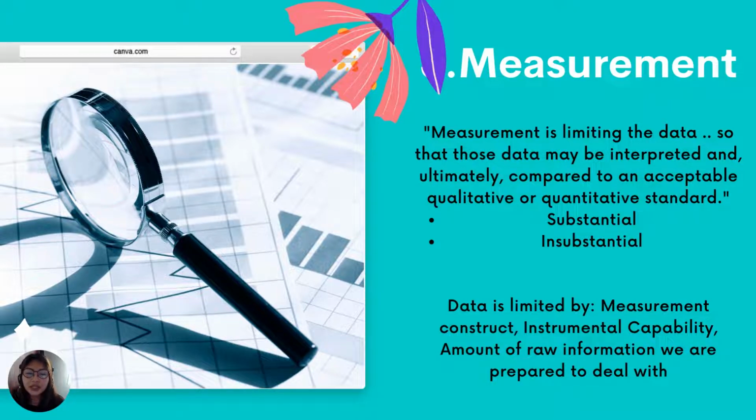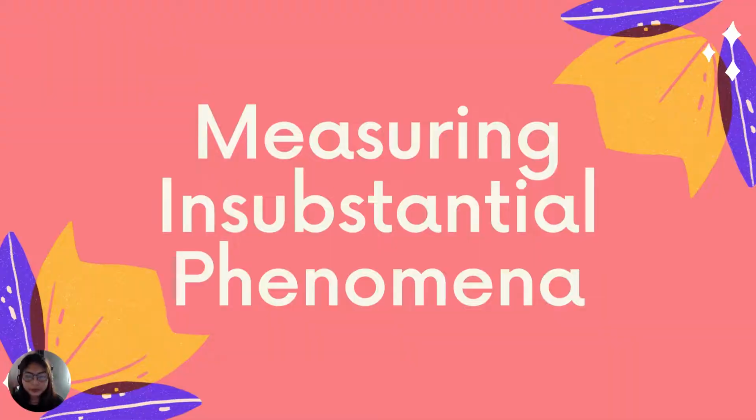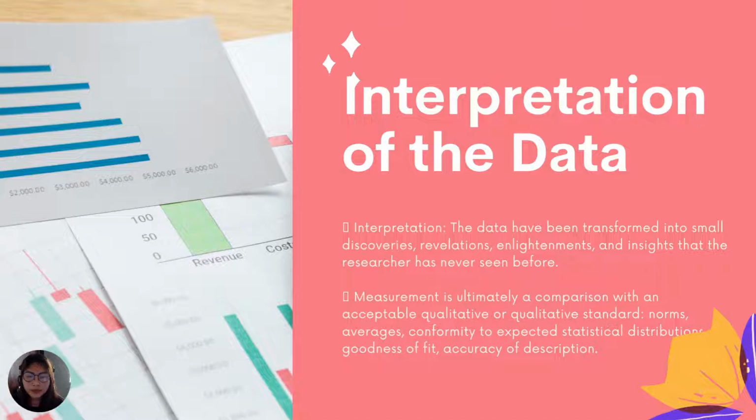Okay, and we also have the data. The data is limited by measurement construct, instrumental capability, and the amount of raw information we are prepared to deal with. Okay, so here, measuring insubstantial phenomena. Okay, so in measuring the, oh, sorry.